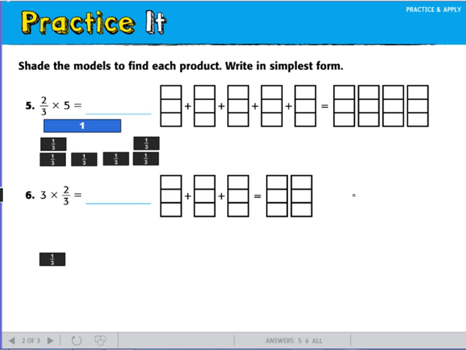So I'm going to take these out, and I'm going to replace it with a 1. Okay? So now how many more 2/3 do I need? I need 1 more 2/3. So I'm going to bring 1, 2.